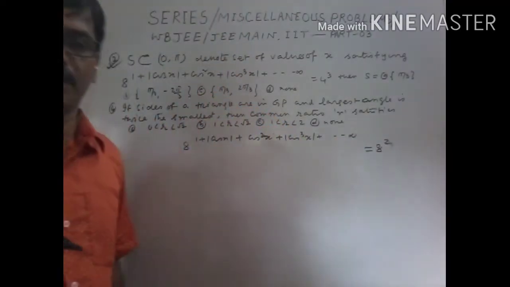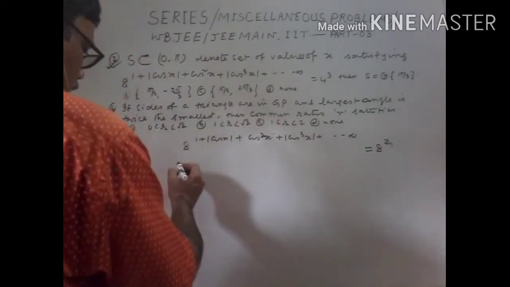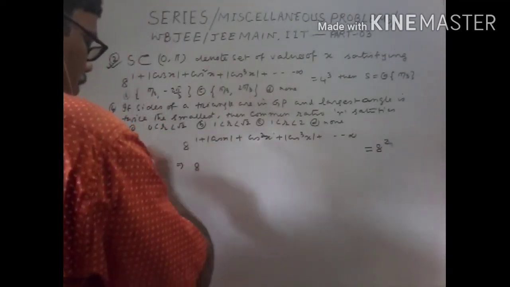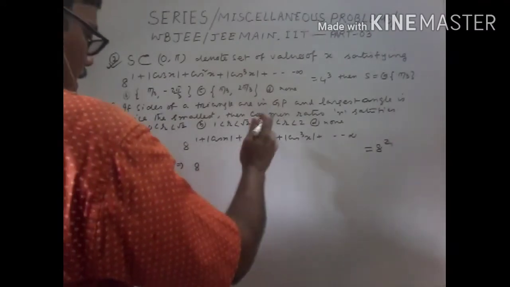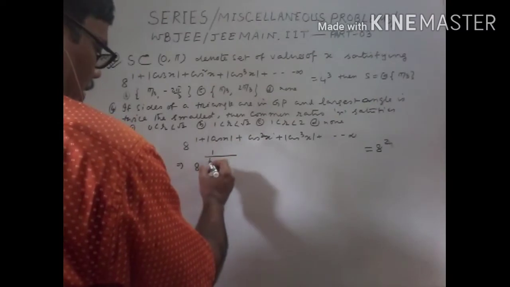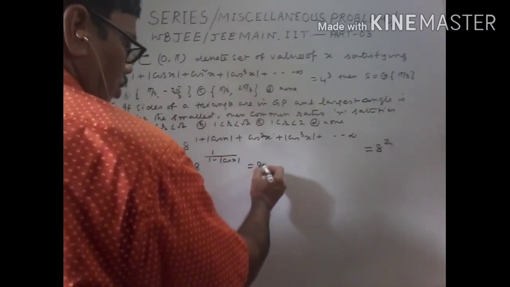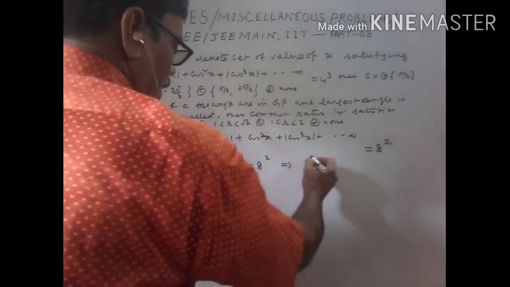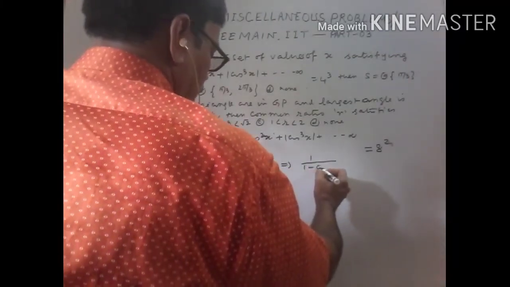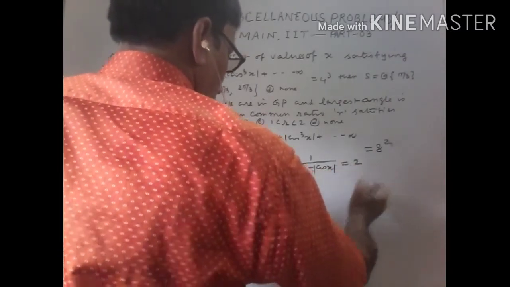The power is a sum of an infinite GP series, where a is 1 and the common ratio is mod cos x. So 1 by 1 minus mod cos x equals 2.